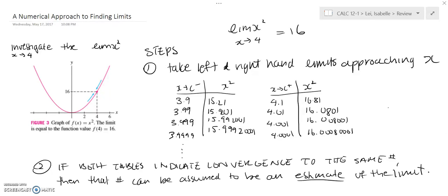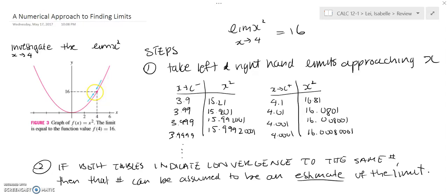When we are doing numerical approaches to finding limits, this investigation only provides evidence for a limit, but it doesn't actually guarantee that the limit exists or has a given value.